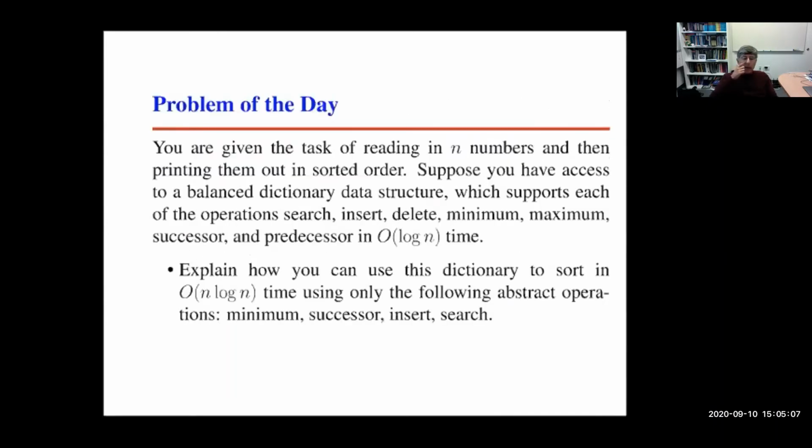The daily problem says we are given a balanced binary dictionary data structure, meaning that it supports all of these operations in log n time. So we know that somewhere there is a data structure implementation. Perhaps it's an AVL tree, perhaps it's a red-black tree, perhaps it's a 2-3 tree.